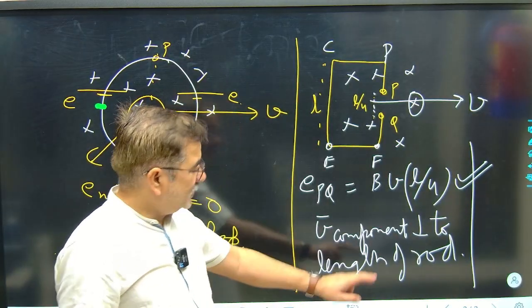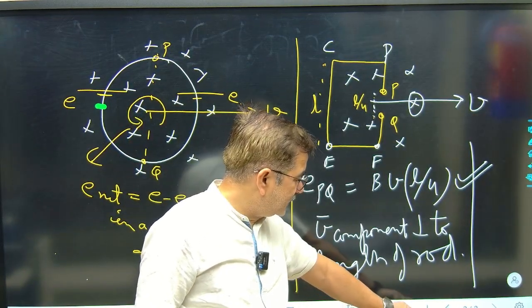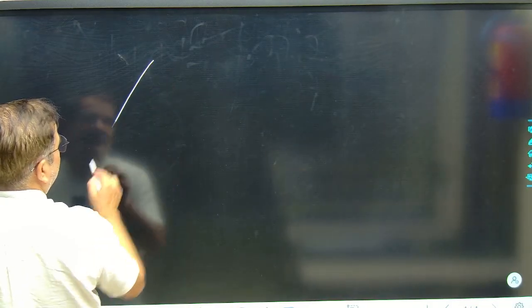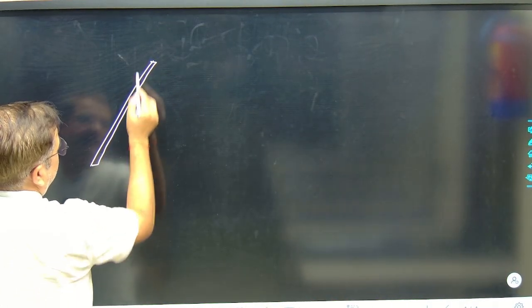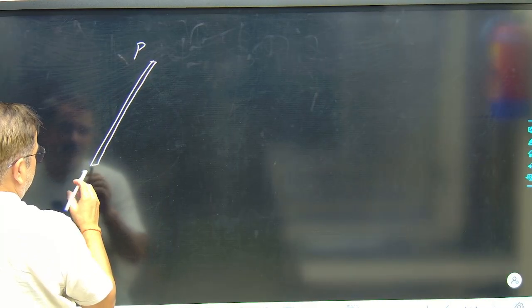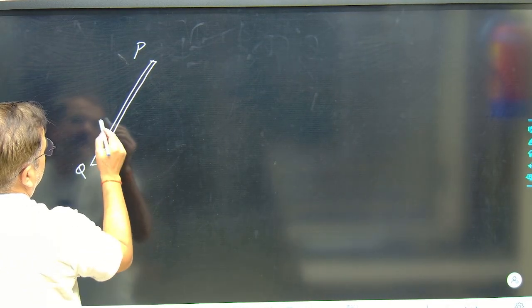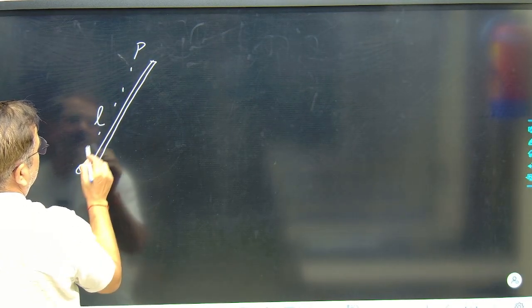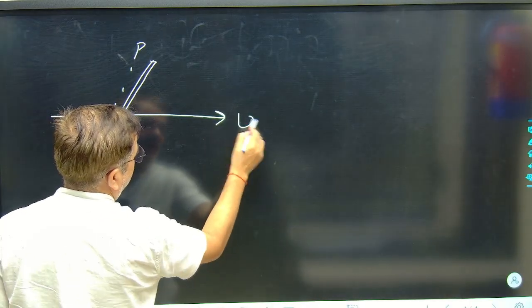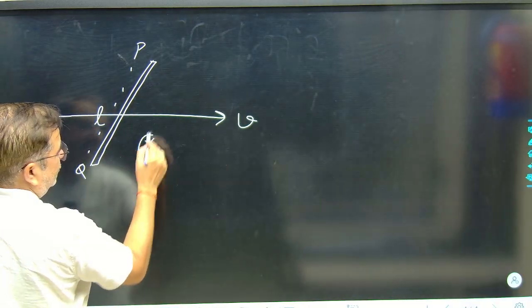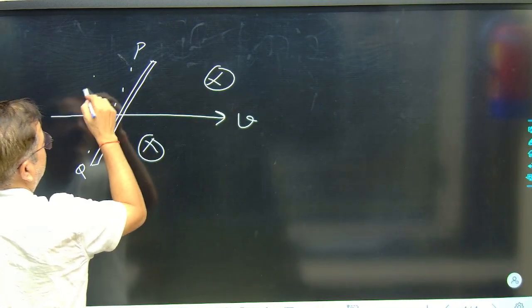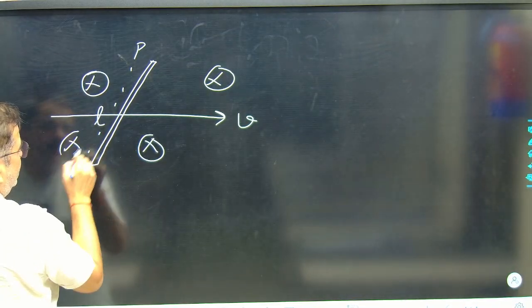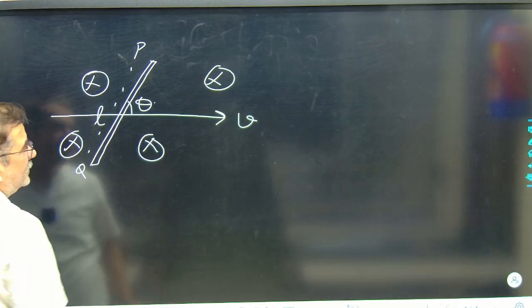Now for the length component, what I was saying, another example I will give. Let us see. Suppose some rod is like this, and this rod has P and Q, say length is L, and it is moving with velocity V in some external magnetic field, say B. This magnetic field is B at an angle theta.